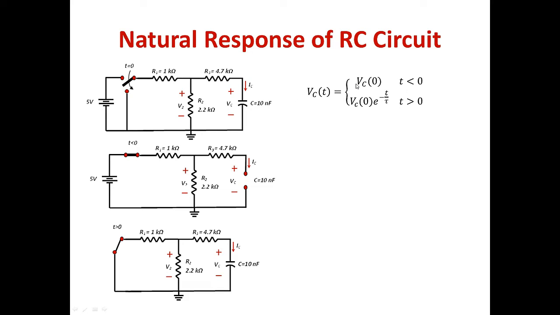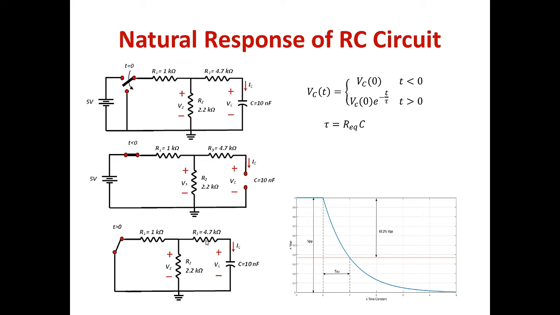It's going to be VC(0) for t less than 0, but VC is going to be an exponentially decaying function for t greater than 0, where it will be VC(0), that's the initial condition, times e to the minus t over tau. And tau is basically equal to R equivalent times C. So if you want to find R equivalent here, it's going to be the 1K in parallel with the 2.2K, and that will be in series with the 4.7K.